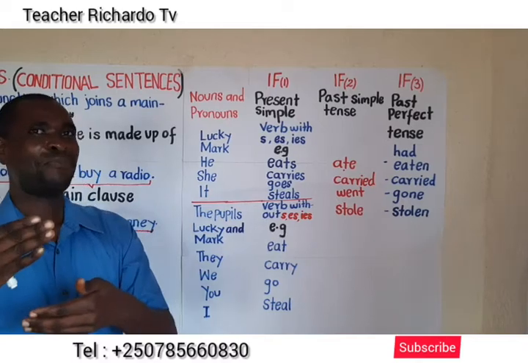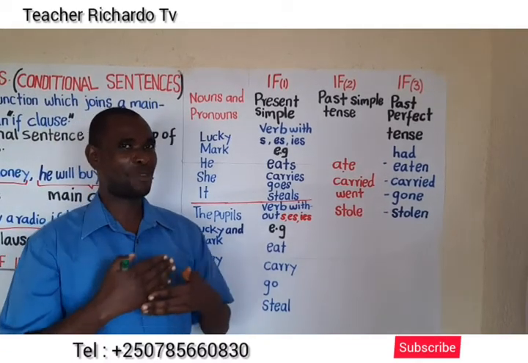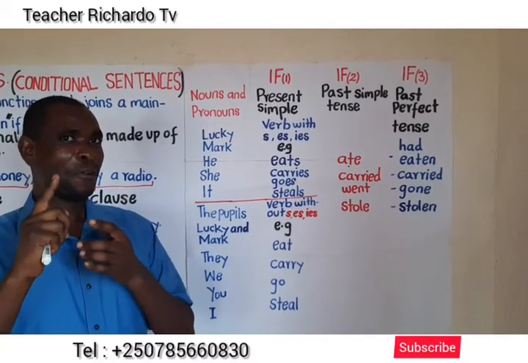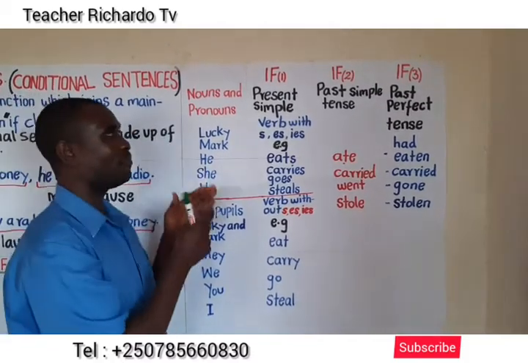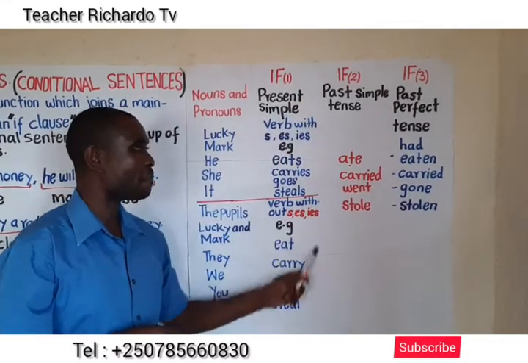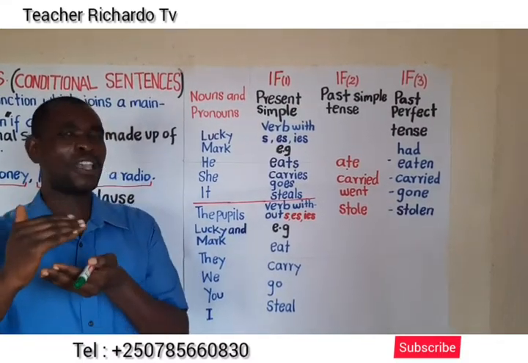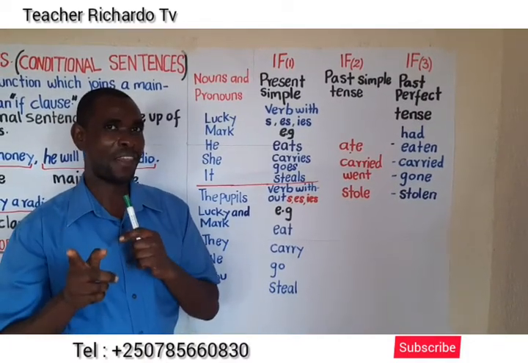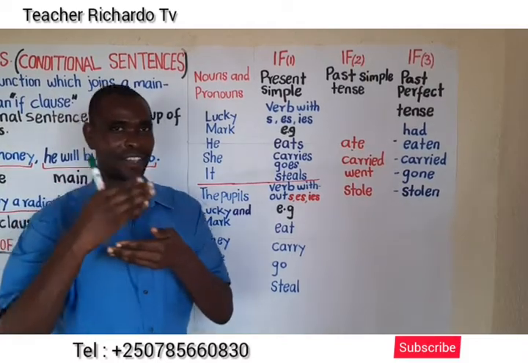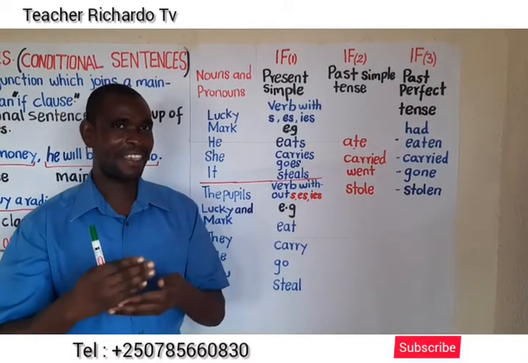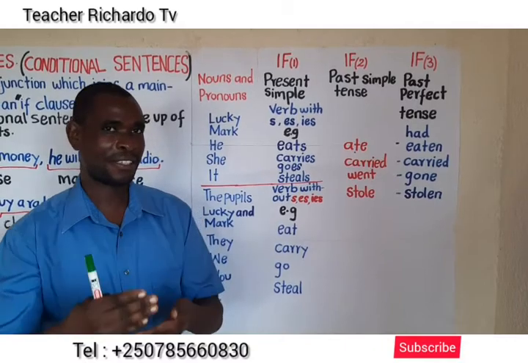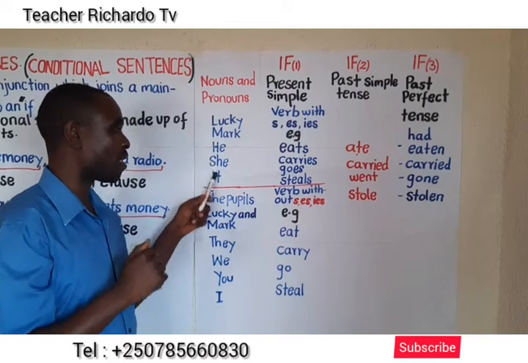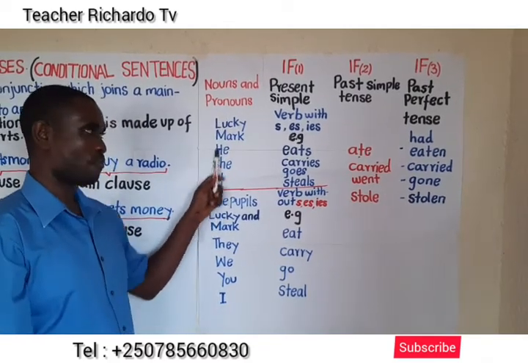And we say that if we are in present simple tense, we have to follow some rules. For example, in if 1, the verbs we use in the if clause are in present simple tense. What do I mean? By adding s, ies, es when you find that the nouns and pronouns are in singular form.